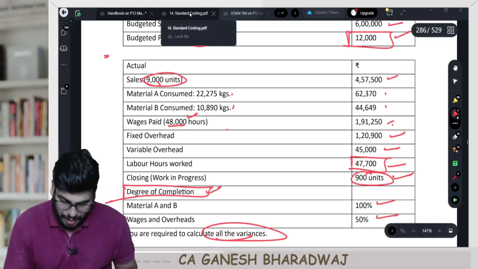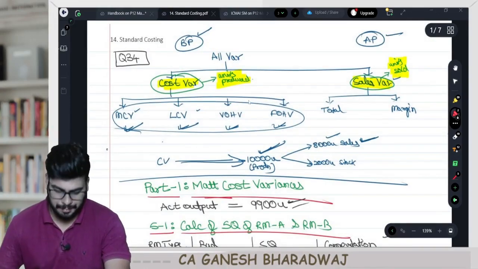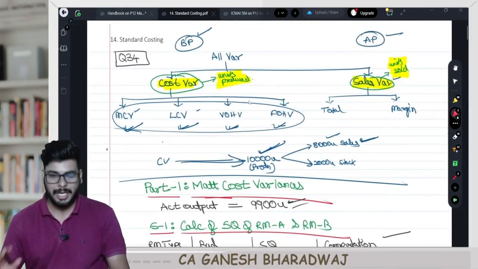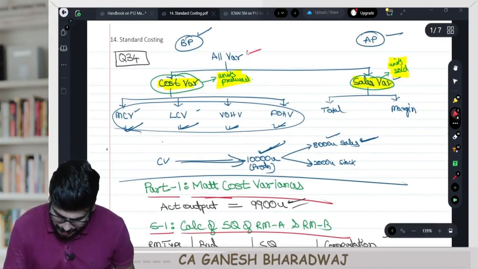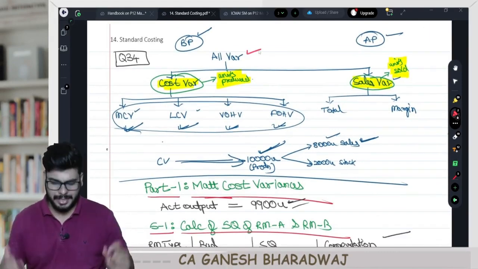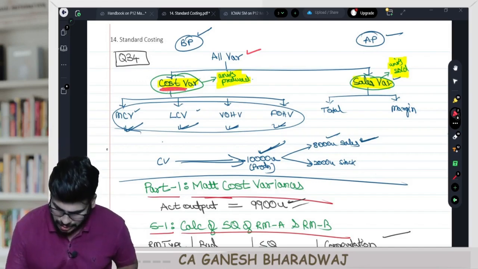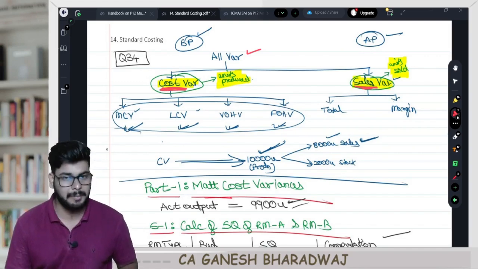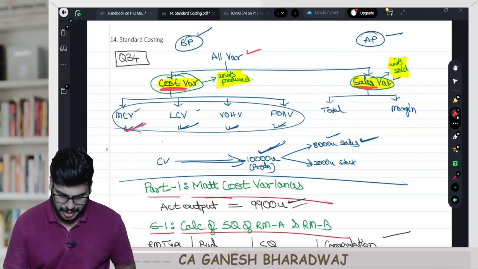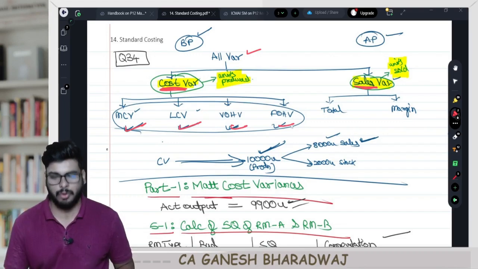let me tell you one very, very important thing in this particular area. Now basically, if you see, we have all the variances we've got, right? The variances are classified into what? The cost side variances and sales side variances. Cost side variances further bifurcated into material variance, labor, variable overhead, fixed overhead variances, and on the sales side we have total and margin variance.